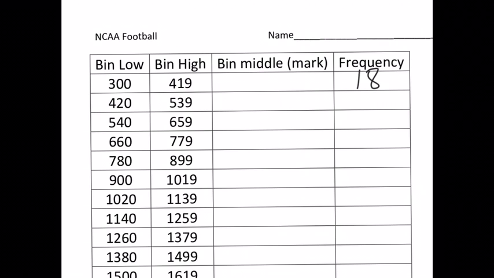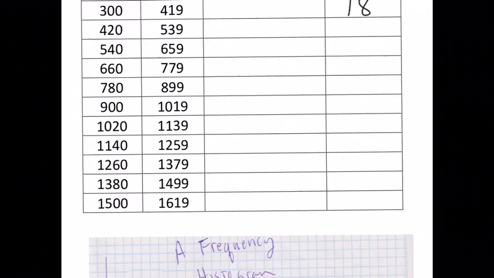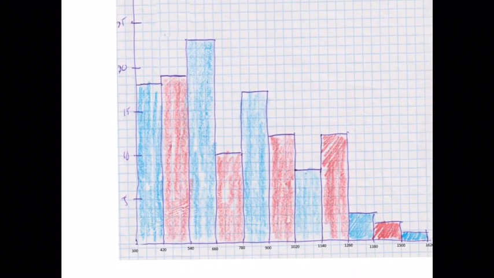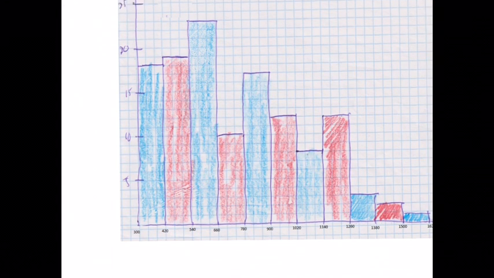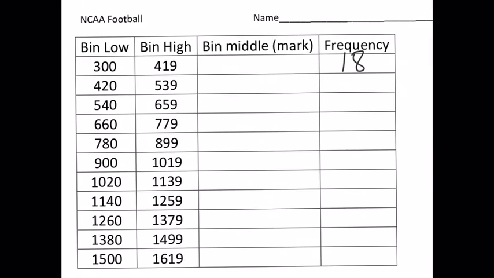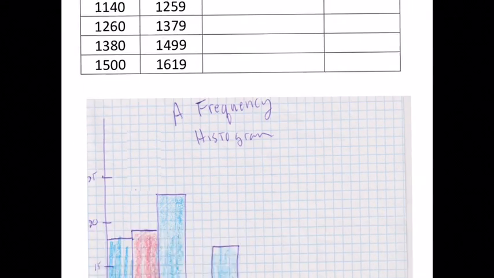And then we'll worry about the numbers here. Let's fill in this table. So then I see on this one, 19 players fell into that. Hope you see that I'm just getting the counts, the frequencies.